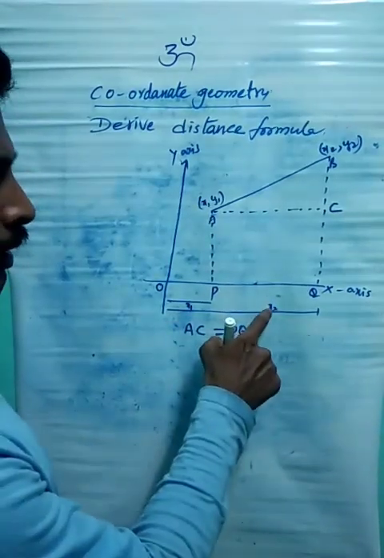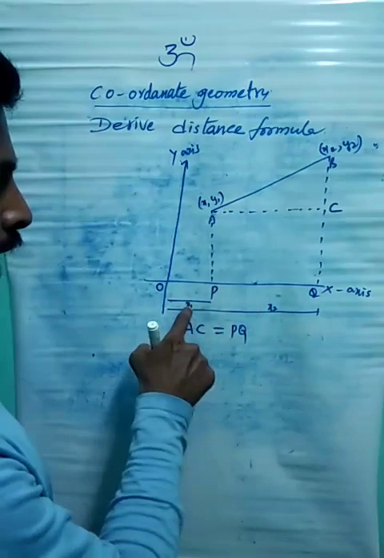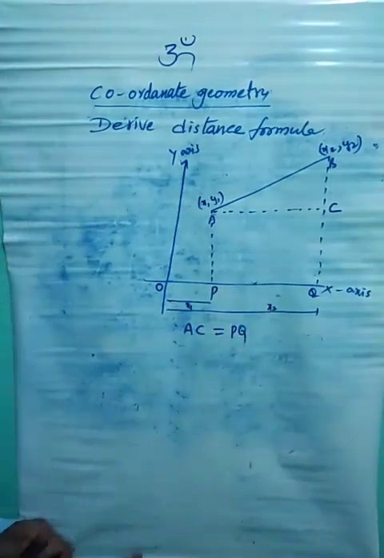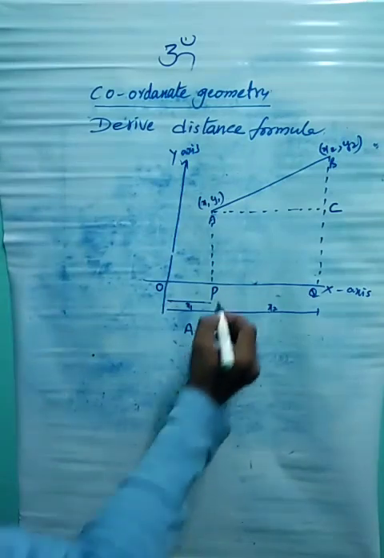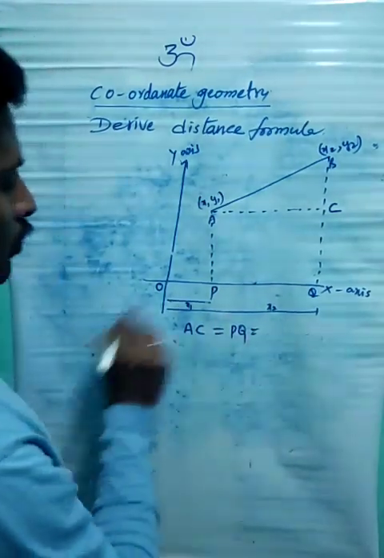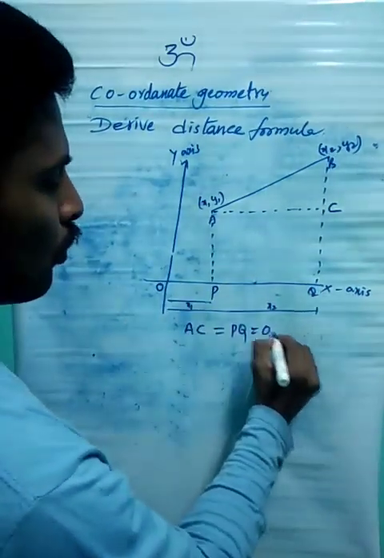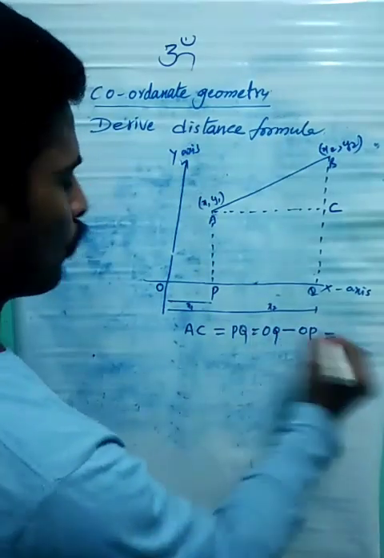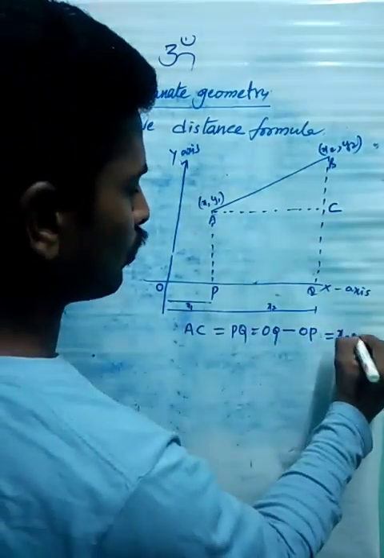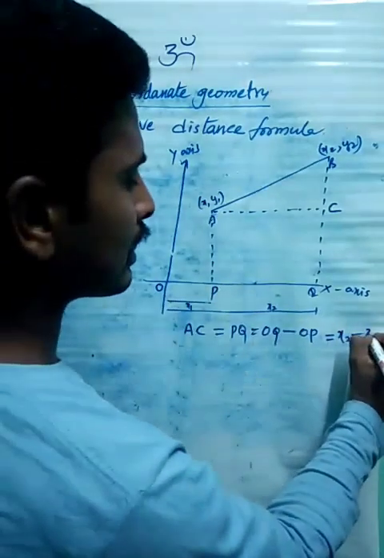Subtracting x1 from x2, we get this answer. So PQ is equal to OQ minus OP. The OQ distance is x2 and the OP distance is x1.